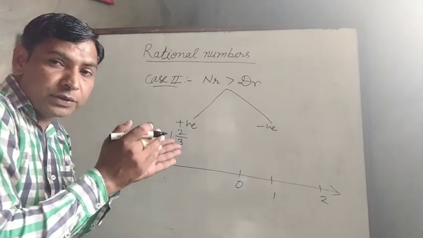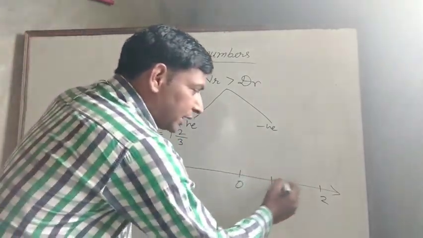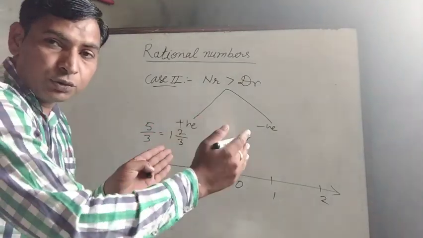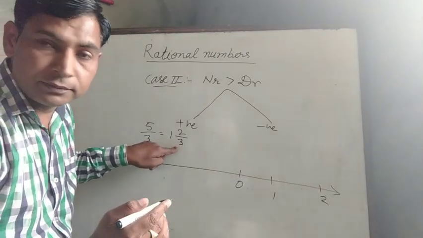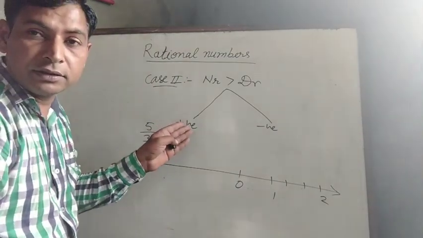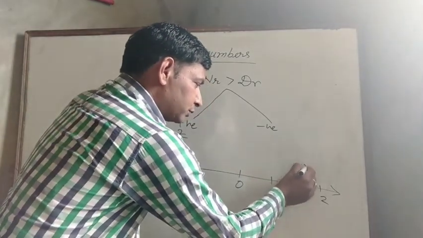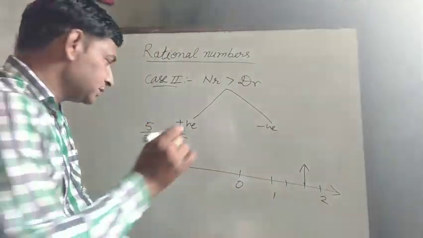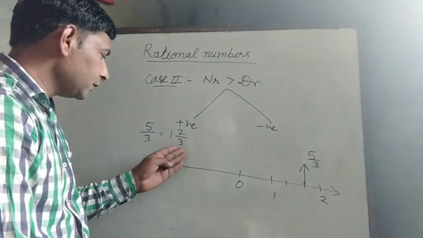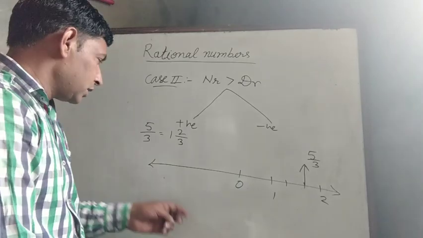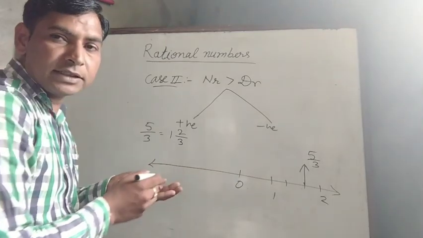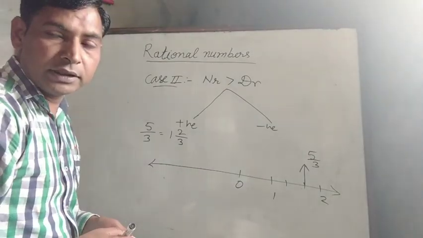Then this number lies between 1 and 2. Now we divide the number line between 1 and 2 into 3 equal parts: 1, 2 and 3, and take the second one: 1, 2. Then it represents 5 upon 3. Similarly, we can draw negative rational numbers on the number line.